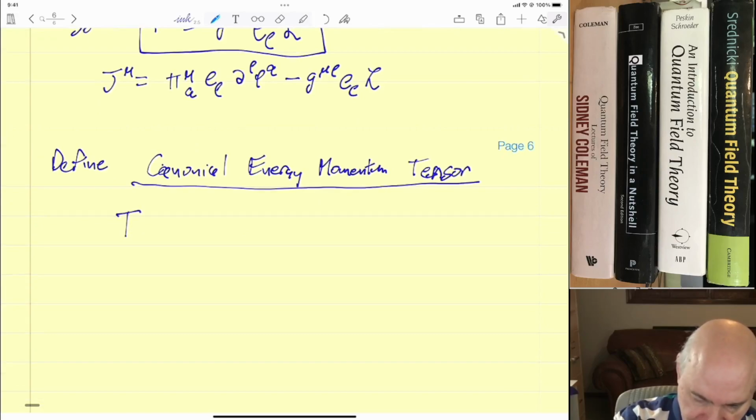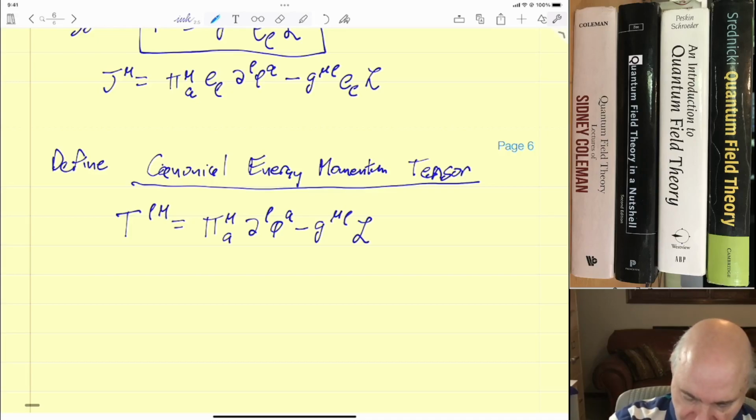And we define it as T rho mu is equal to pi mu A. Since we established Noether's theorem before, we know that this will satisfy conservation, because again E is constant, so we can factor it out.